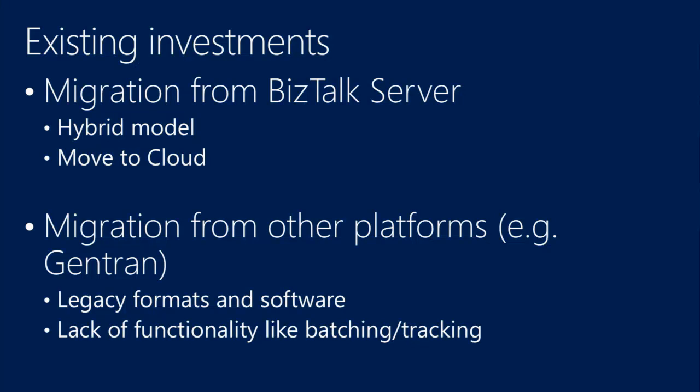We also hear from folks on other platforms. The one that we hear about is Gentran. And this is an area that we hear not from customers like you, but from our own internal customer, MSIT. MSIT has their own investments in Gentran, and the Gentran 5.1 that they run has legacy formats.